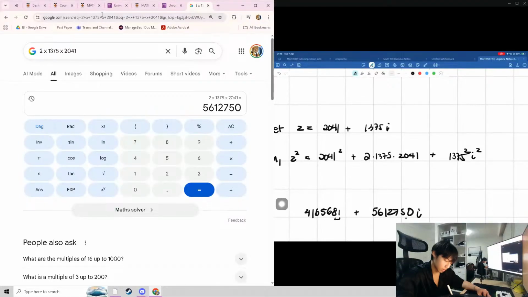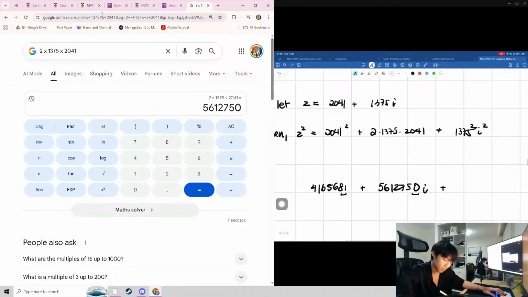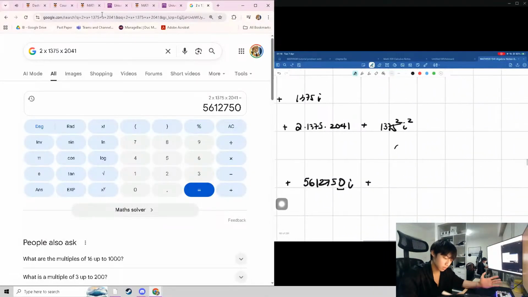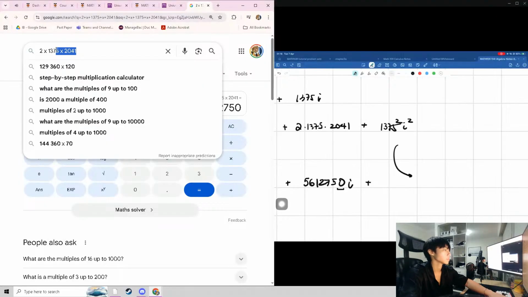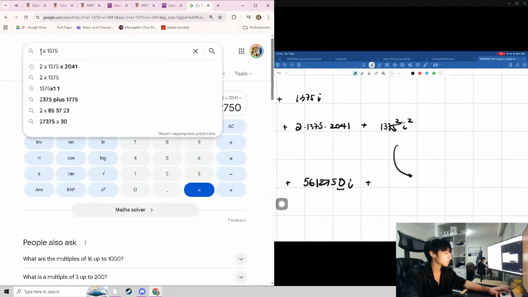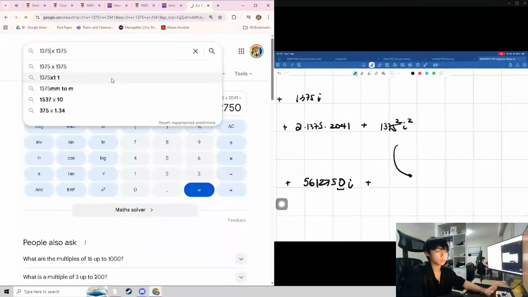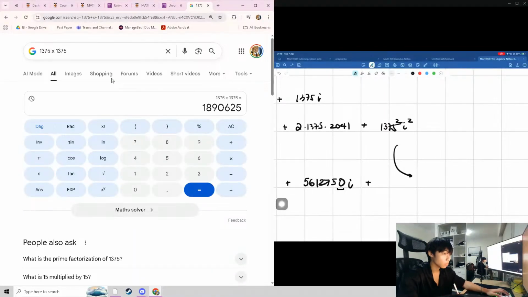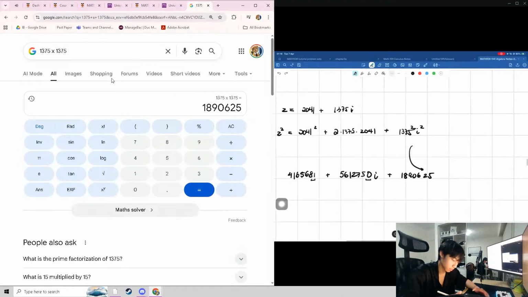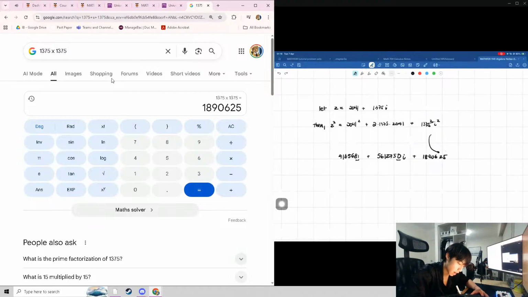This looks okay for now, but this number is definitely divisible by 5. But how about we just do it first. 189625 i squared.